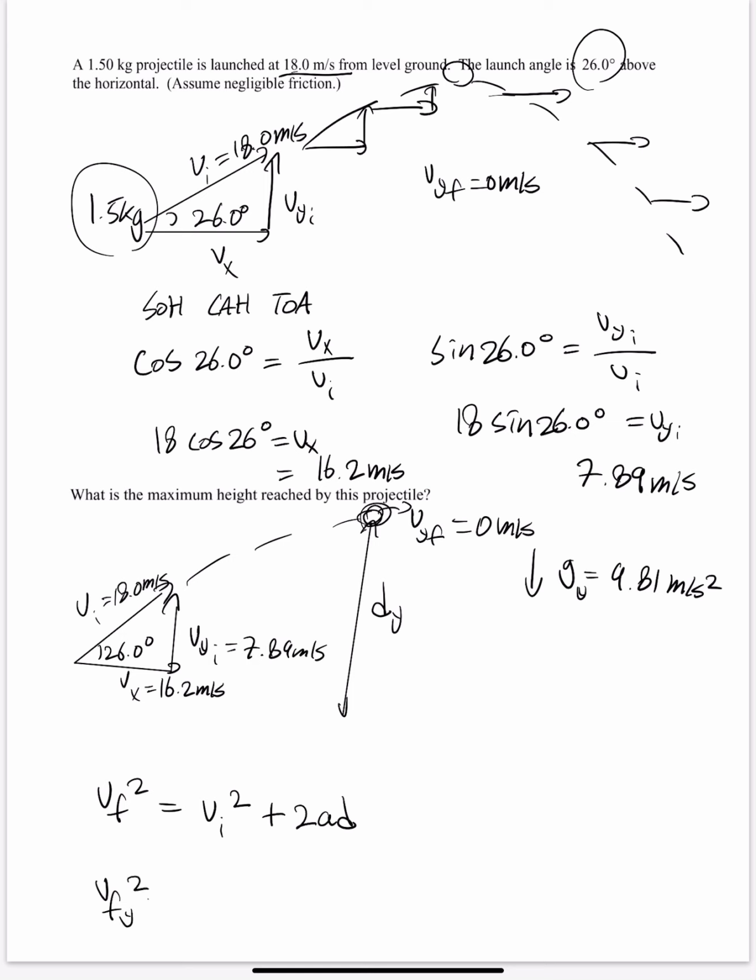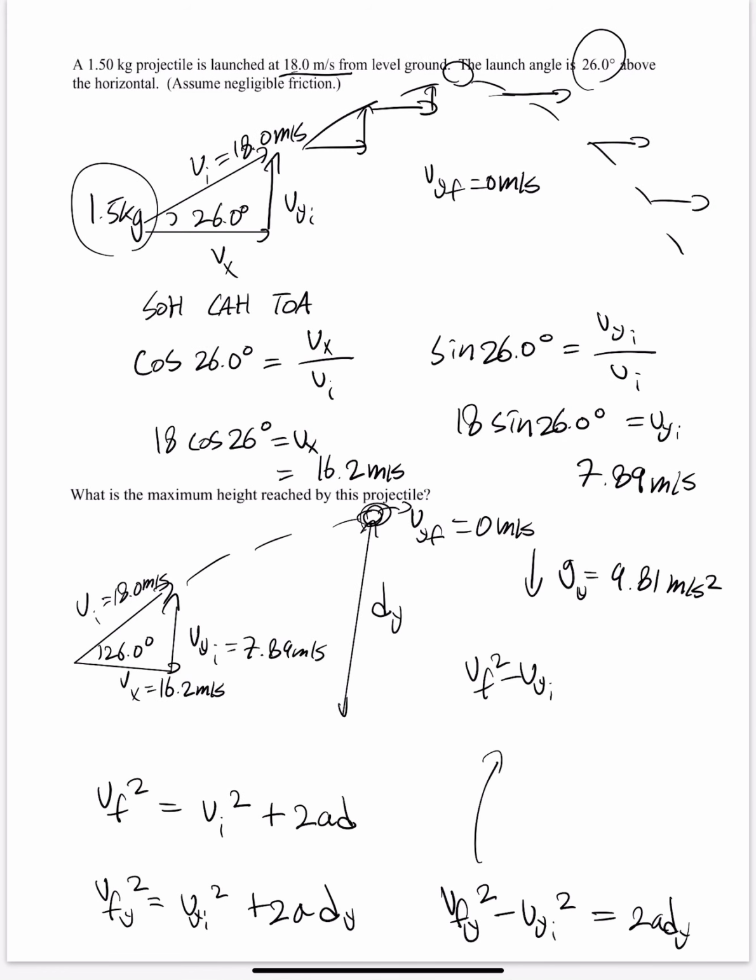Vf, and if we rearrange it one more time, we get, and since we know that Vf is 0 meters per second, we can just ignore that and work with this.